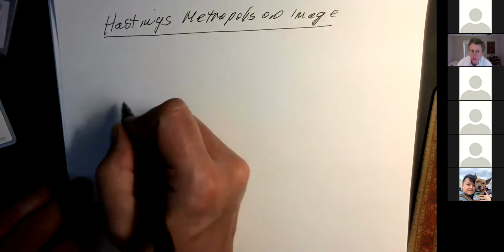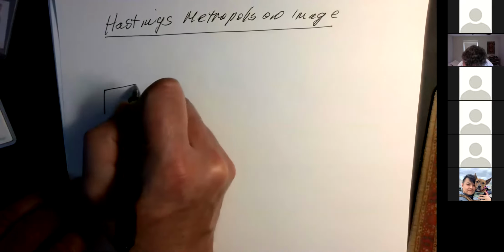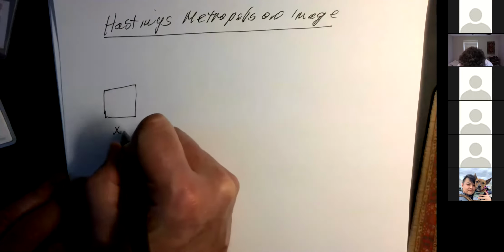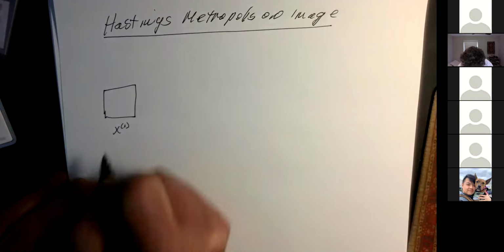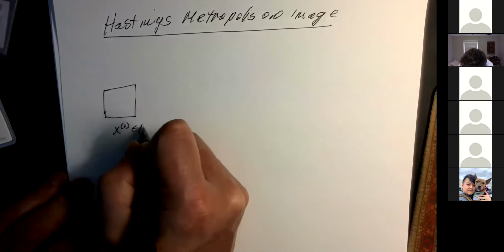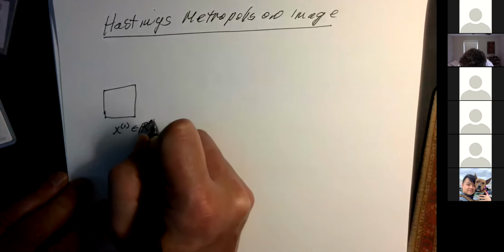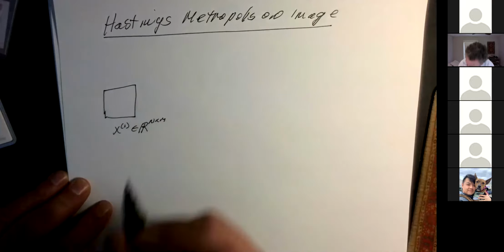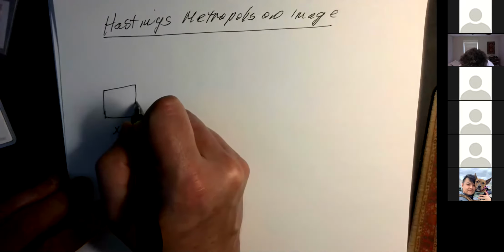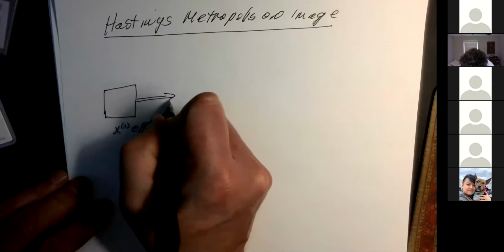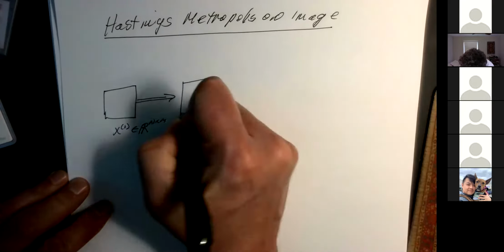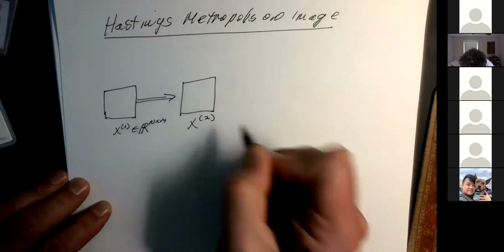So now the state X1, but X is a member of, say, R to the N by M. So it's an image. And now you're going to do a proposal. And you're going to do an X2.